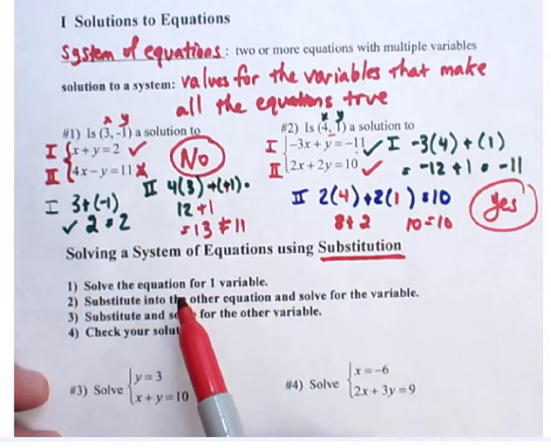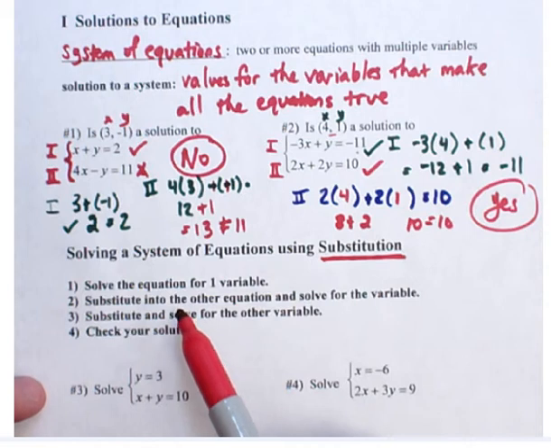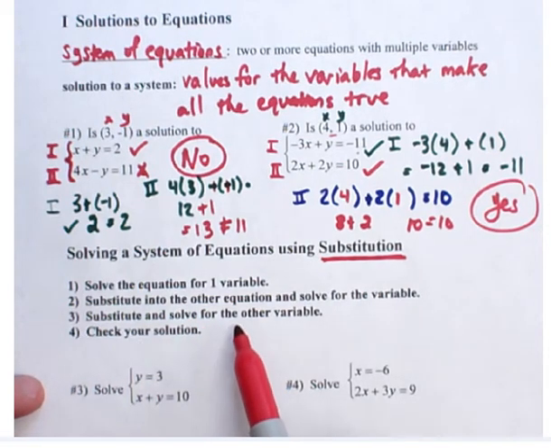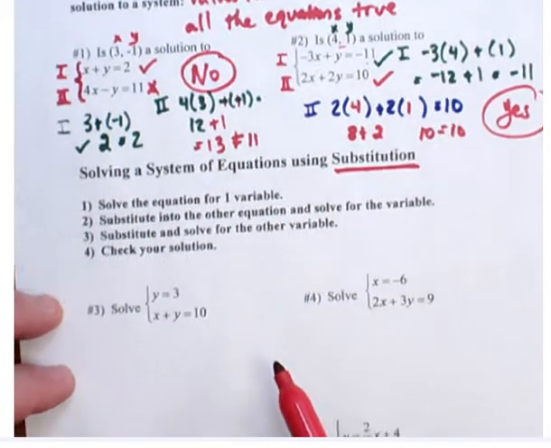You take that and substitute it into the other equation to solve for one of the variables. Once you find one variable, you substitute again to solve for the other variable, and then you check your solution to make sure you get it correct.